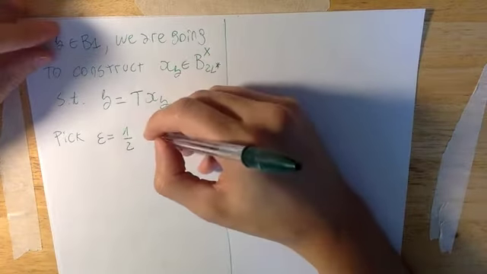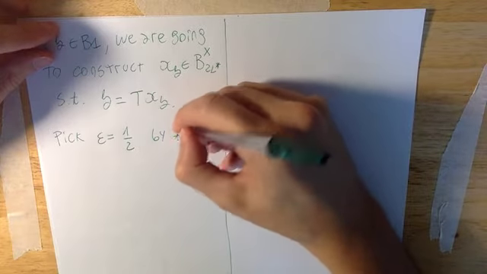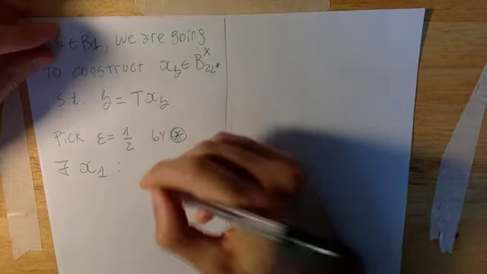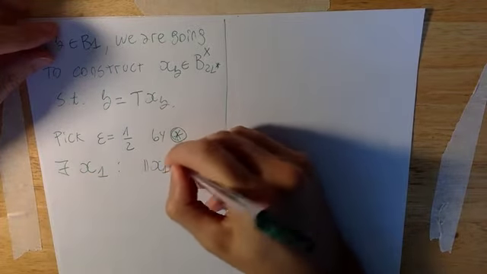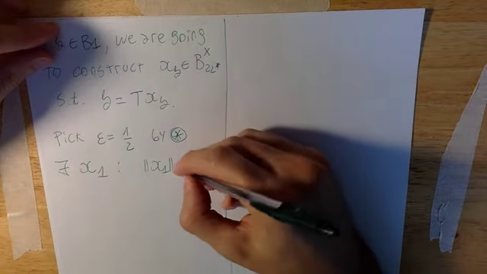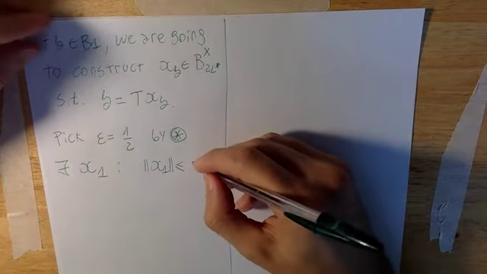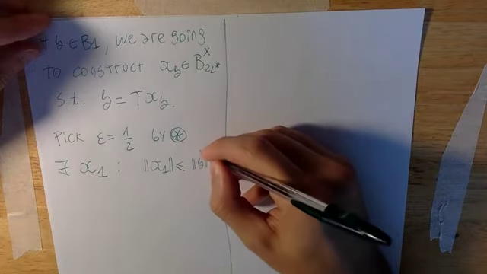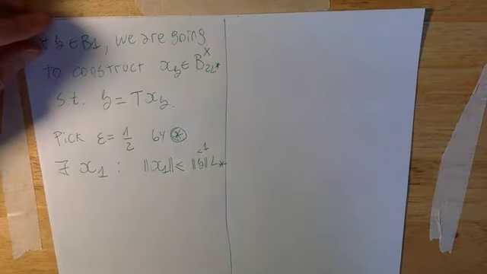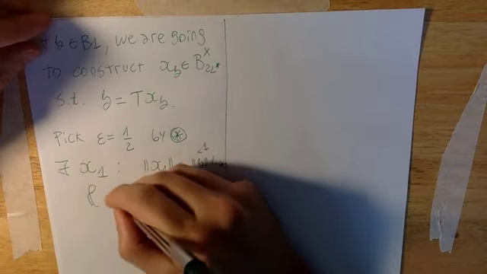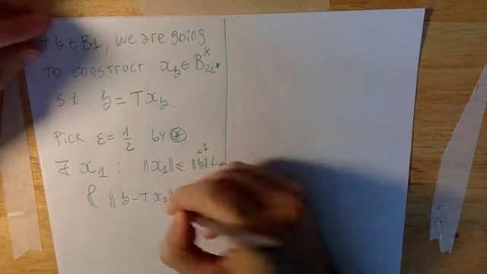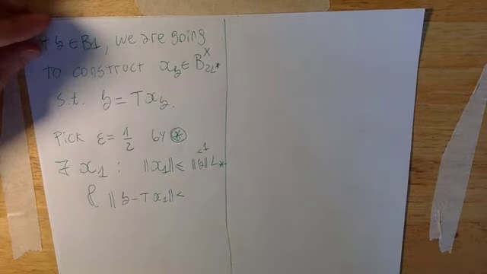Then by star there exists, let's call it x1, such that the norm of x1 is less or equal than the norm of y, which is less than 1, times L star, and the norm of y minus T of x1 is less than 1/2.